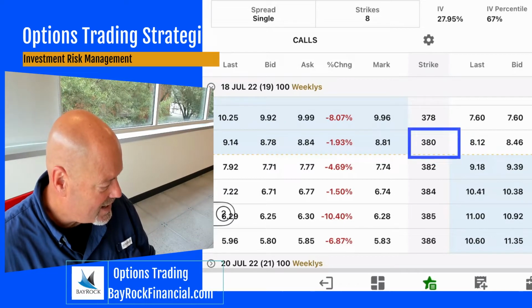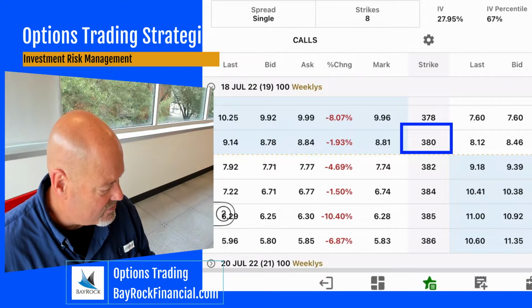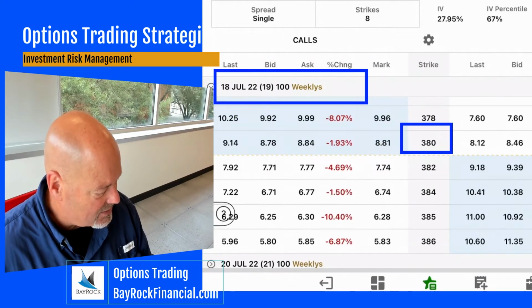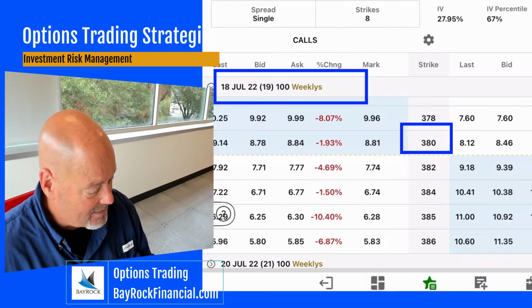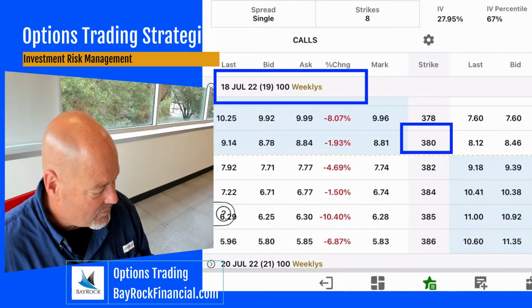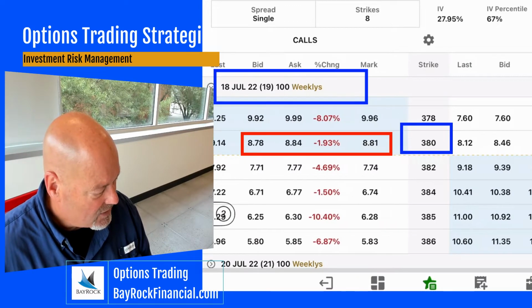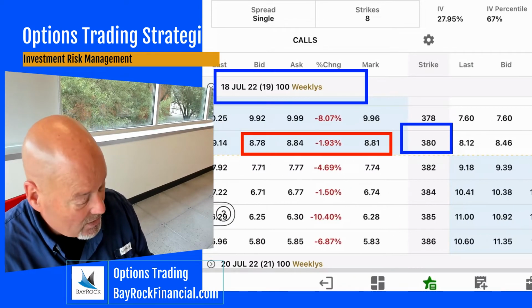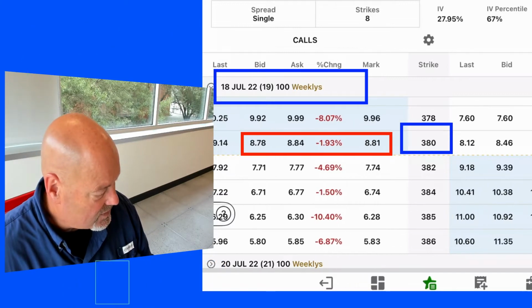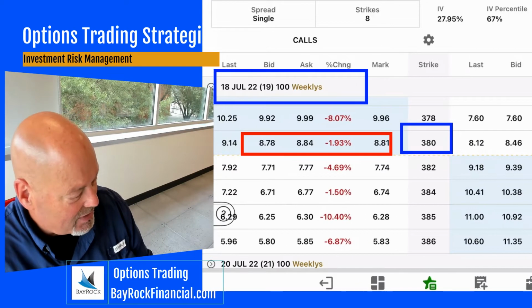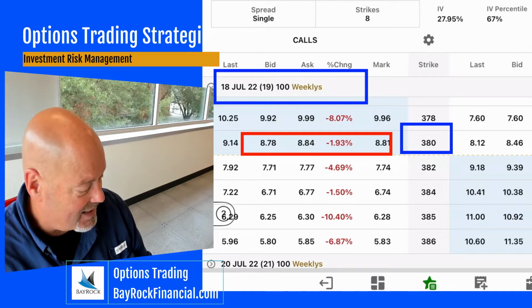And how much would I be able to make? If you look at that number right next to the 380, you see 881 or 884. These are the bid and ask. So the bid is 878, the ask is 884.